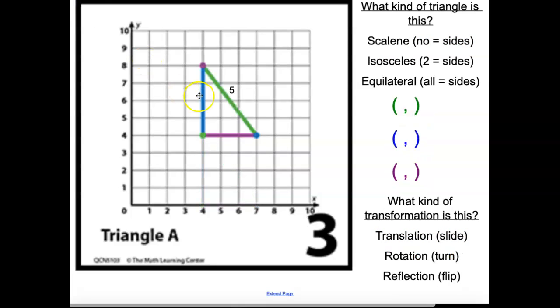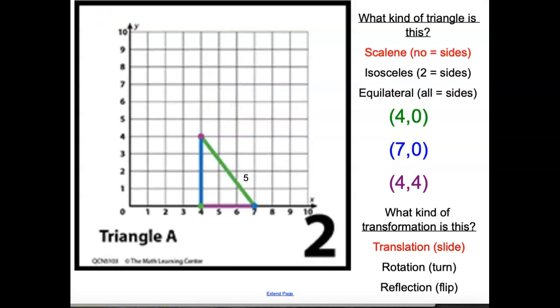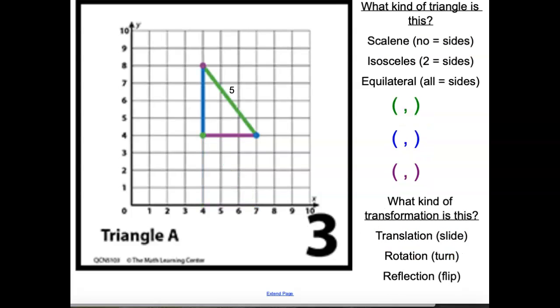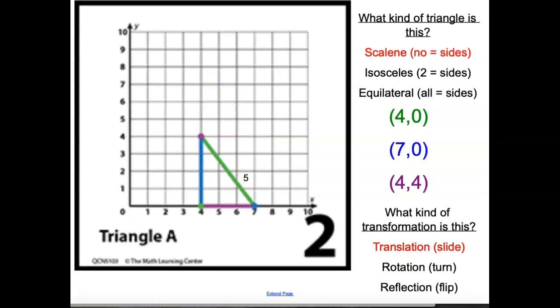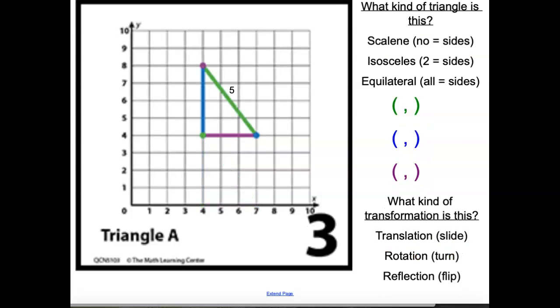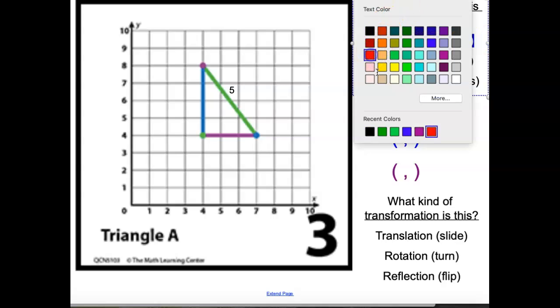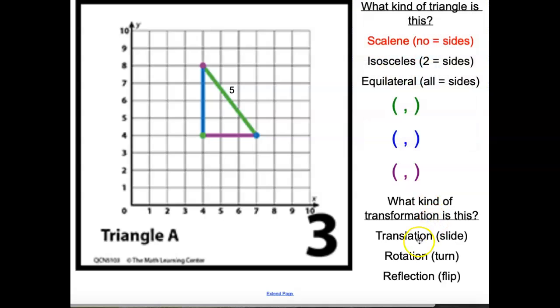What do you notice about this triangle compared to day 2's triangle? There's 2, there's 3, there's 2, there's 3. Did you say it was the same triangle, just in a different spot again? Well, let's see. What kind of transformation did we see?